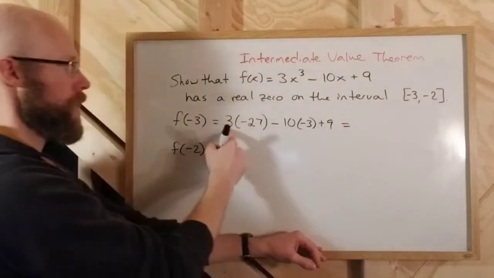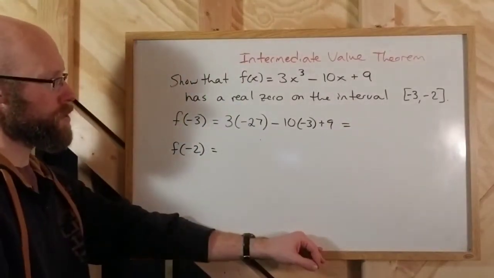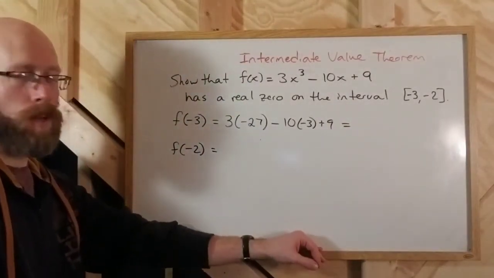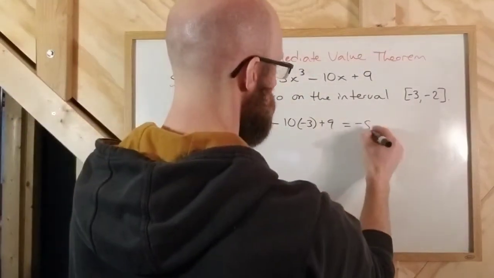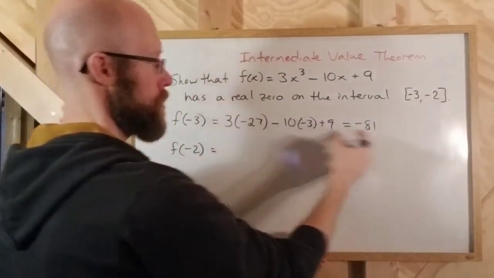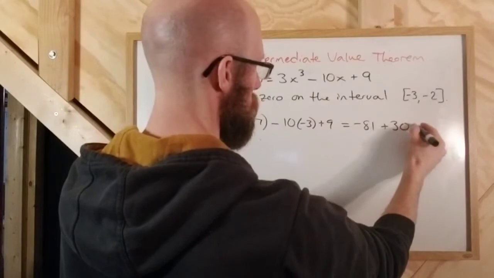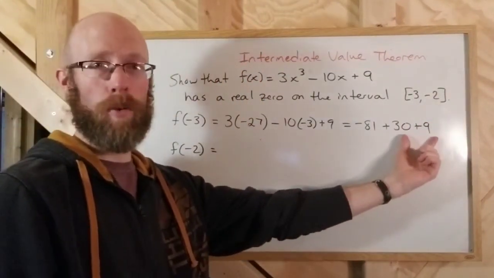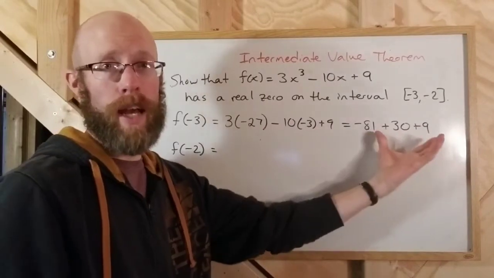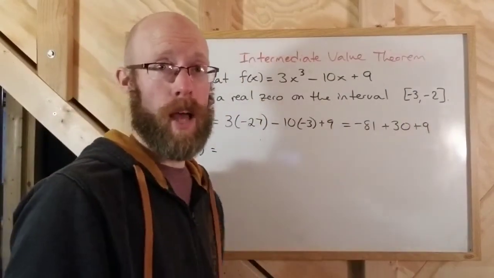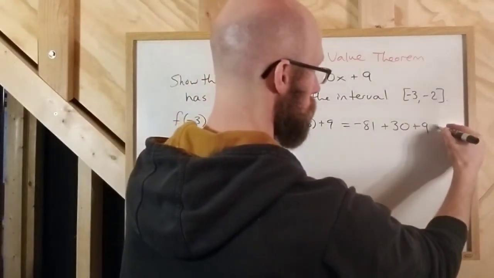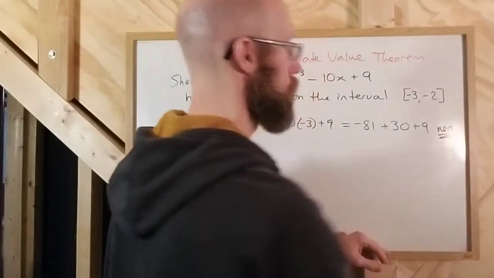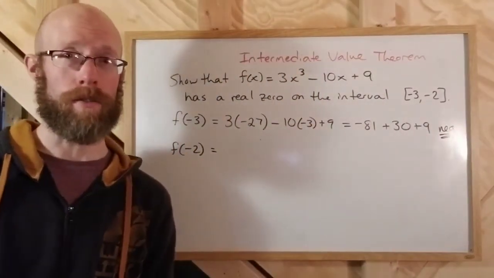To evaluate that, that'd be -81 plus 30 plus 9. Well, here the negative definitely outweighs the positive. I don't need to actually find the value, I just need to know the sign of this. This is negative. Okay, very important that it's negative.